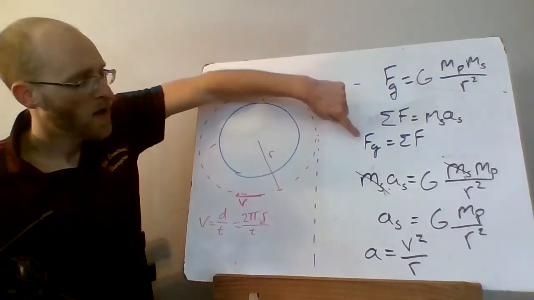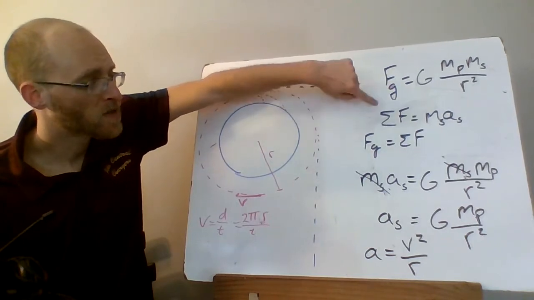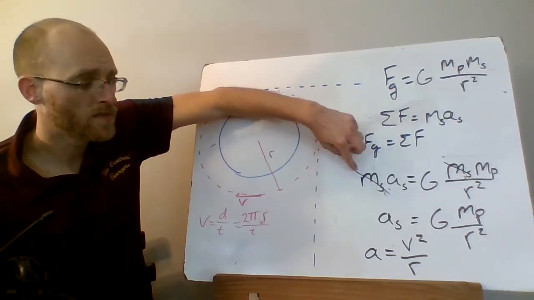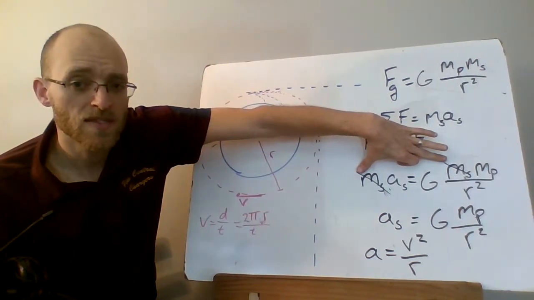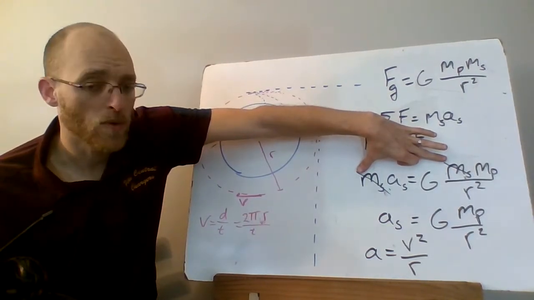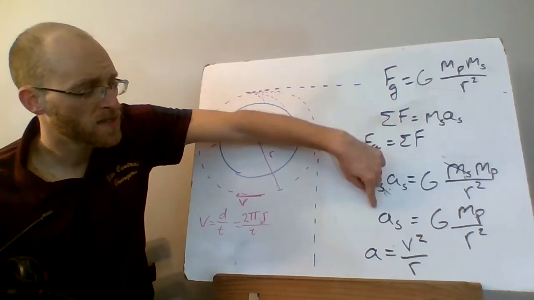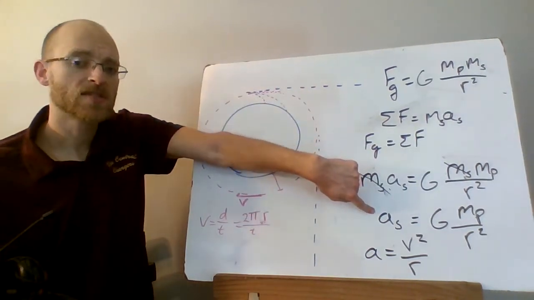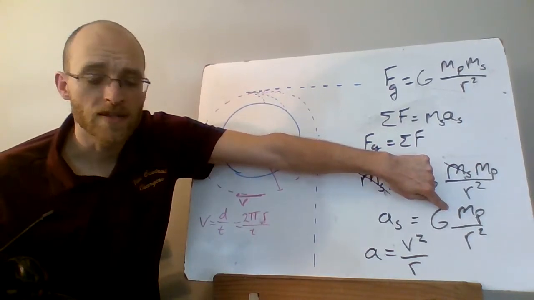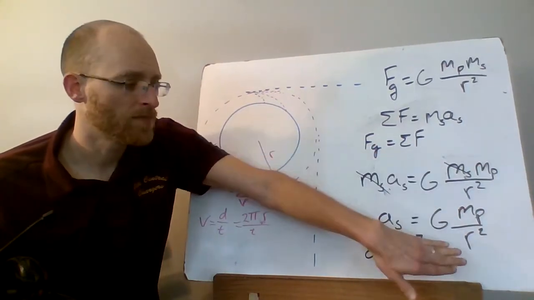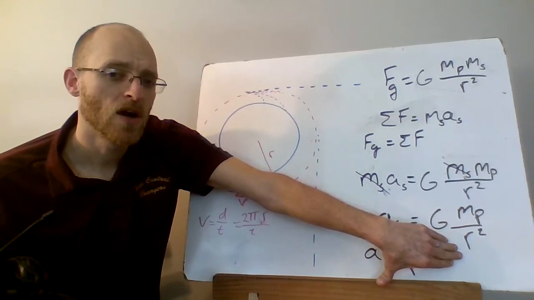I combine these two equations, and I can cancel the mass of the satellite, since it's in both equations. Then we can see that the acceleration of the satellite as it orbits Earth, or whatever planet it is, depends only on the mass of the planet and the radius of that orbital path.